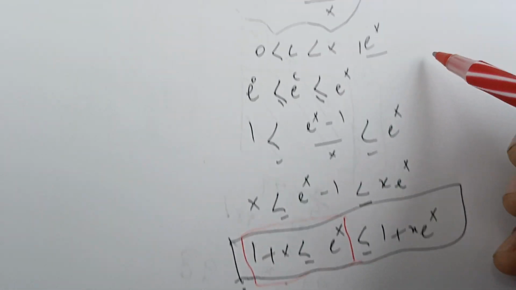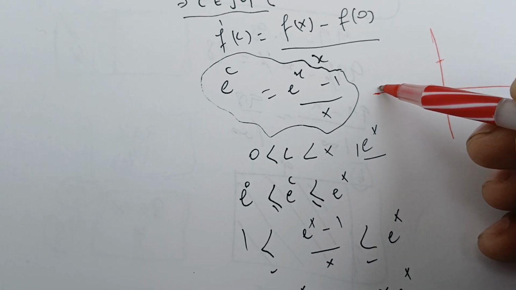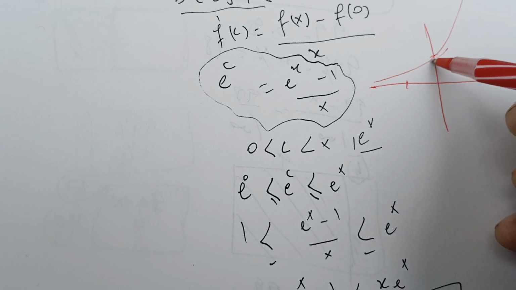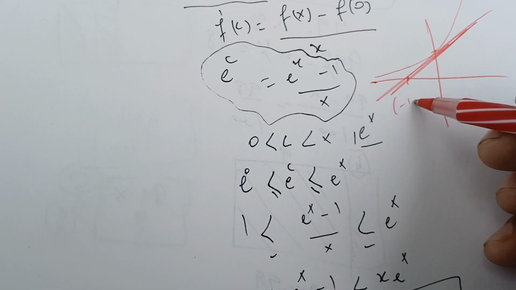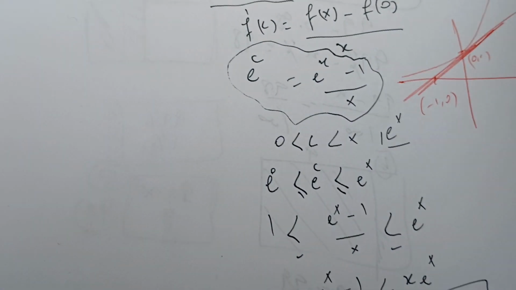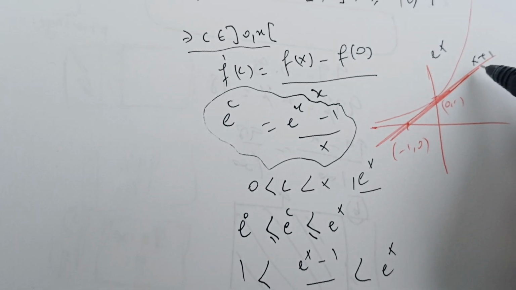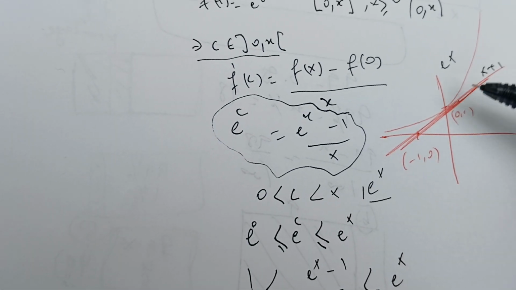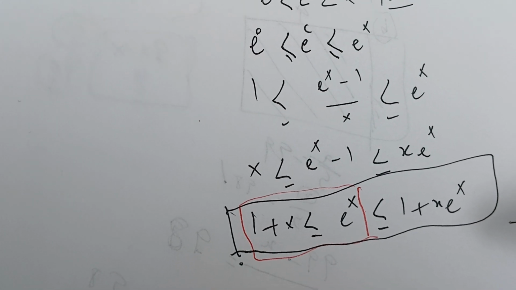It means that if we graph the exponential, and we graph this line that goes through these two points, minus 1, 0 and 0, 1, then e to the power x is gonna be above this line. So this is a geometric or graphical proof.